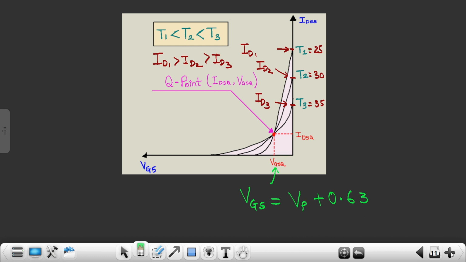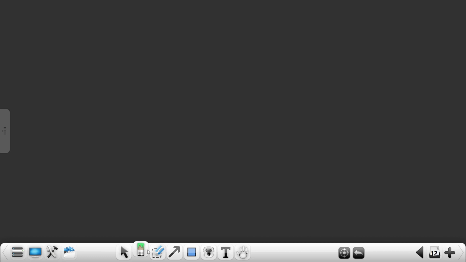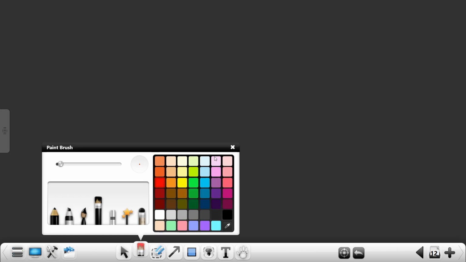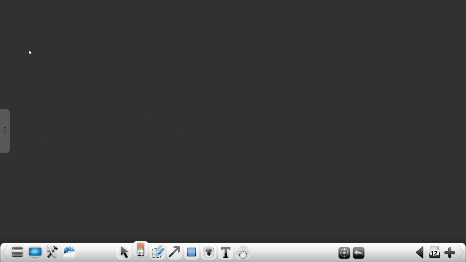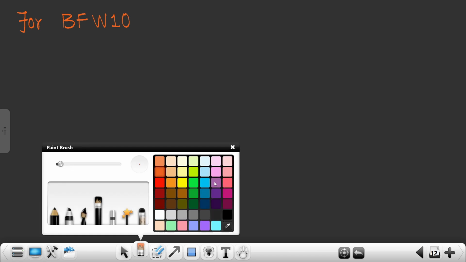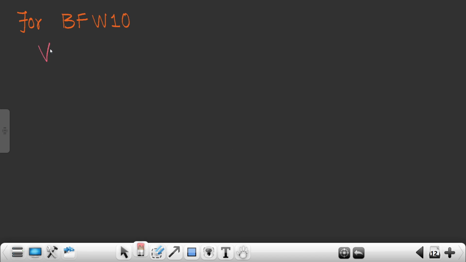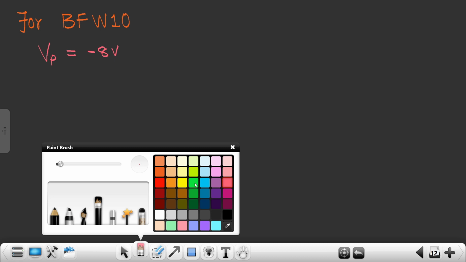So if you could remember, in case of JFET, since we are dealing with BFW10, so for BFW10, we all know its VP is around minus 8 volts, right? Minus of 8 volts. Okay, so to make the current of the JFET, or rather to make the current of BFW10, independent of temperature, right?